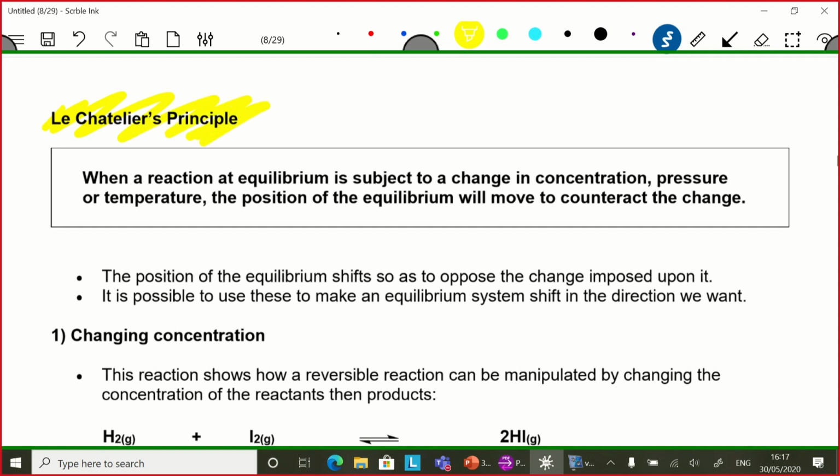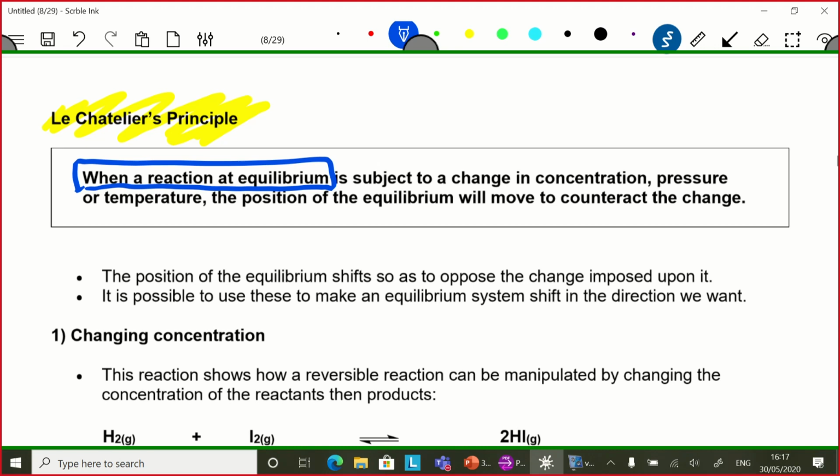Le Chatelier stated that if you have a reaction and this reaction has reached an equilibrium, so this is the first condition. We have a reaction and this reaction is already at equilibrium.